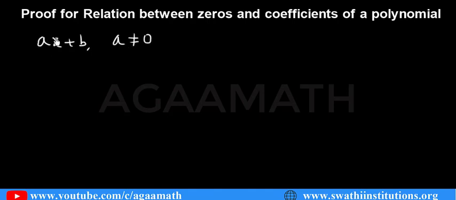We know that if a becomes 0, there will be no variable here, so it doesn't become a linear polynomial. If a is not equal to 0, then it becomes a linear polynomial.